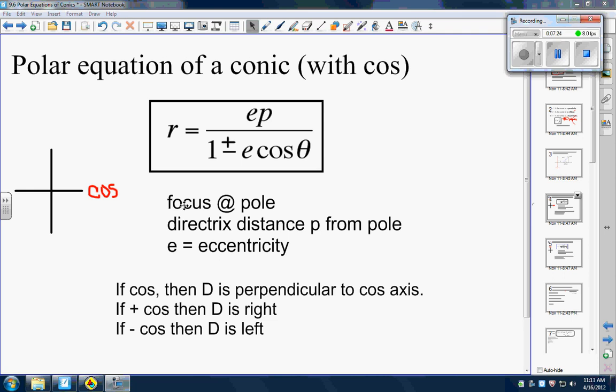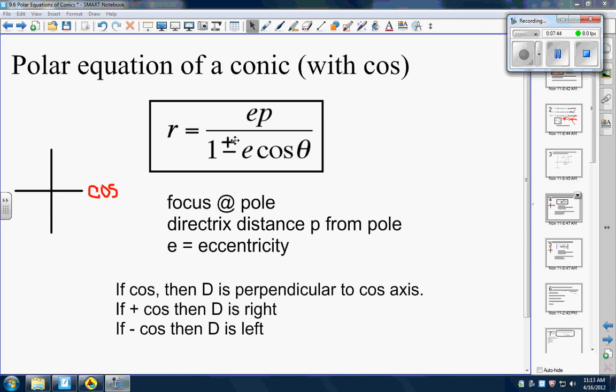So for these, the focus is always at the pole. The directrix is a distance p from the pole. That's this right up here. E is always the eccentricity. Now, if it's a cosine, that means your directrix is always going to be perpendicular to the cosine axis, which is the x-axis.